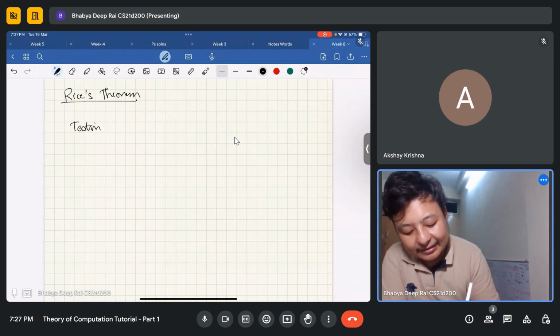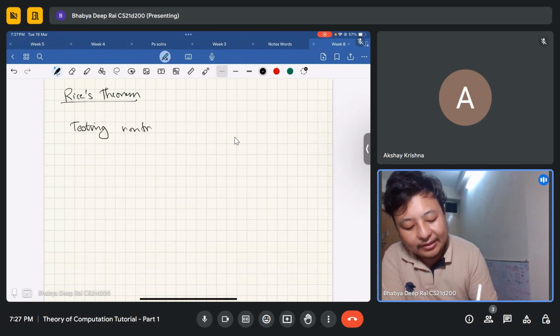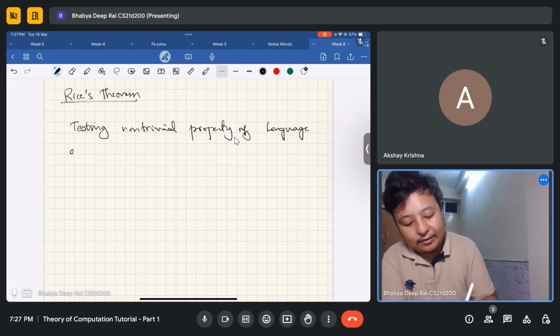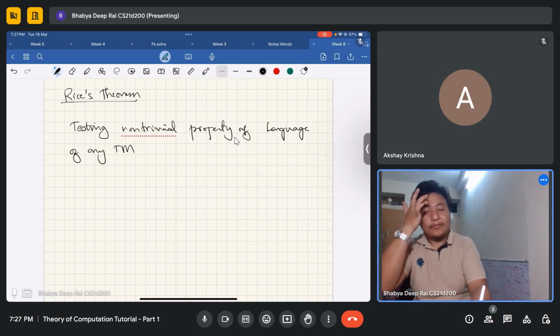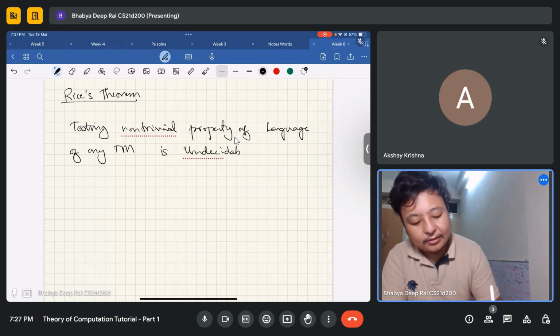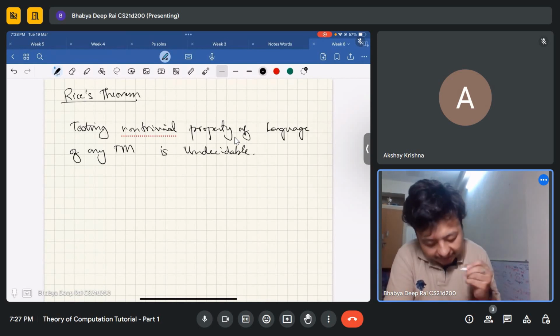Testing a non-trivial property of the language of any Turing machine is undecidable. So what does that mean?